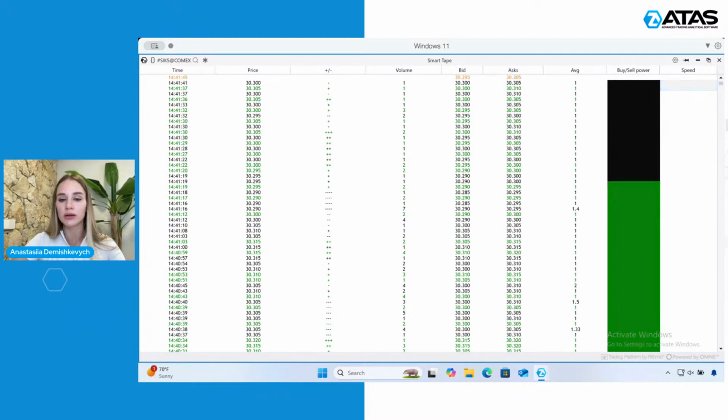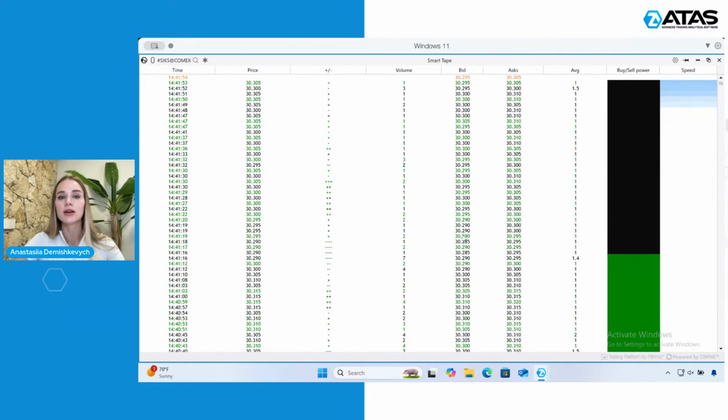So how do we analyze and use this smart tape in your trading? Okay, so first things first, how I personally use it is spotting activity spikes.